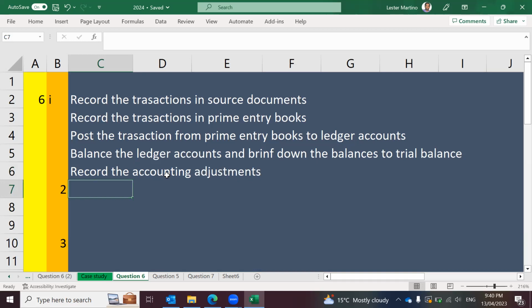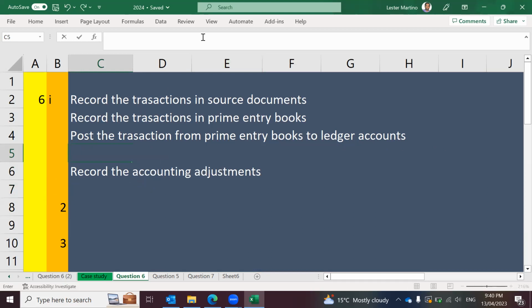Record the accounting adjustments. So source document, prime entry books, ledger, and close down the ledger accounts and bring them into the trial balance.